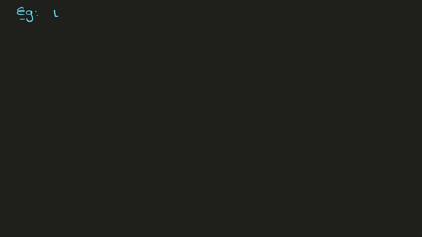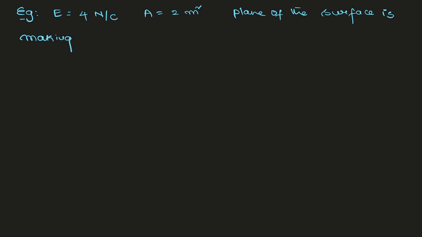Suppose you are given that the electric field is 4 Newton per Coulomb, the area is 2 meter square, and the plane of the surface is making an angle of 30 degrees with the electric field. Then they will ask you to find the flux.